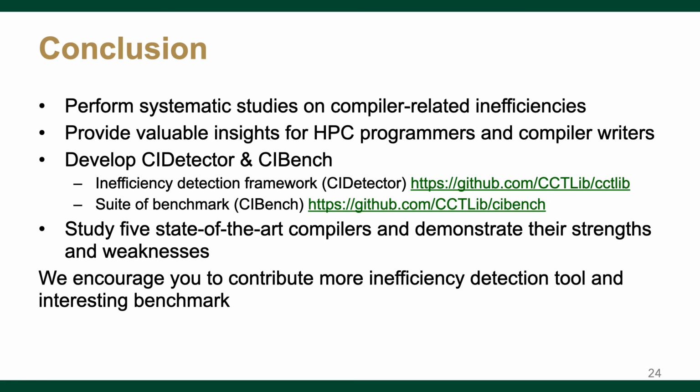CIDetector has been integrated into CCTLib, and we have open sourced them all. You can go check them from these links. We also studied 5 state-of-the-art compilers and demonstrated their strengths and weaknesses. And finally, we encourage you to contribute more inefficiency detection tools and interesting benchmarks.